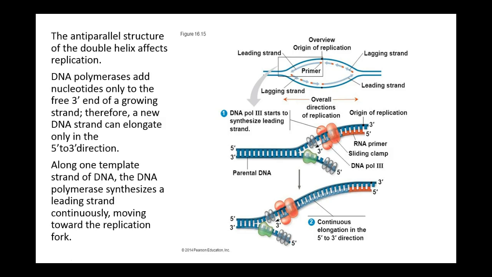And so DNA polymerase adds nucleotides to the free 3' end, and can elongate only in the 5 to 3 direction. So it's only going to be able to elongate in one direction.